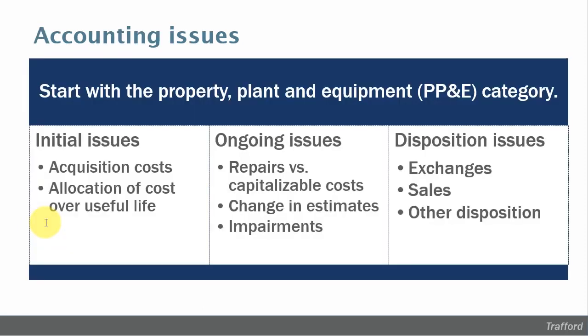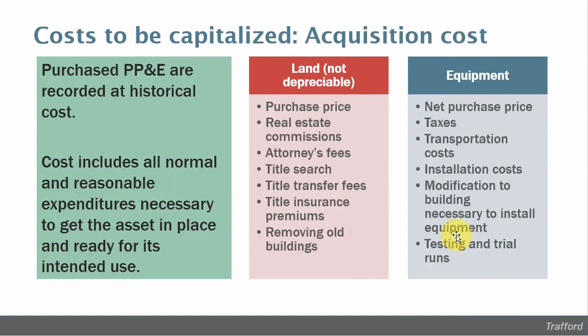Let's focus on property, plant, and equipment first. These are the major issues that we'll be discussing regarding property, plant, and equipment, and these same things will crop up again when we move our attention to intangible assets. Our first topic is acquisition cost.